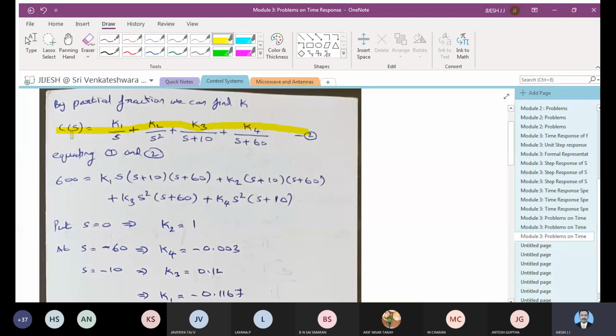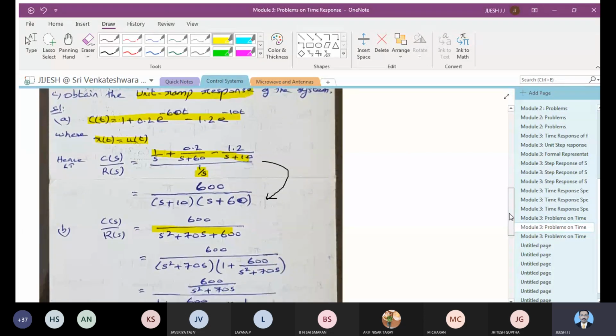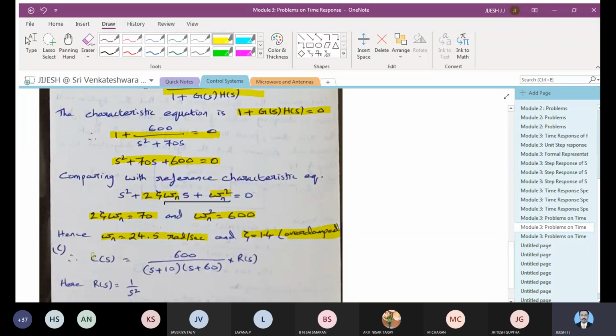Equating equation 1 and 2, you can compare equation 1 and equation 2, C of s. If you know mathematics, it's very easy. C of s is 600 divided by s plus 10 into s plus 60 multiplied by 1 by s square.